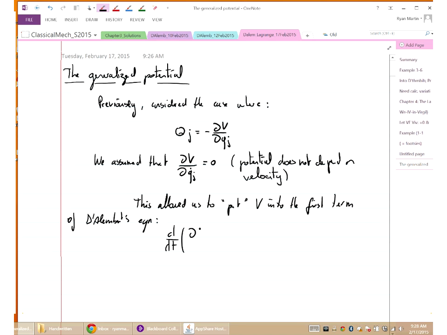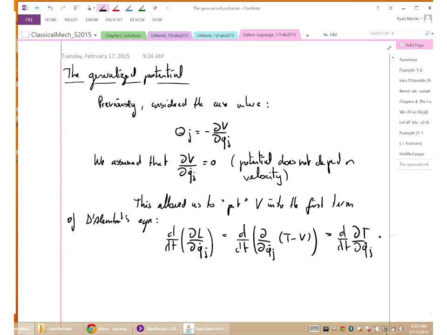So basically it allows us to say that d/dt of ∂L/∂Qj dot, which was d/dt of ∂/∂Qj dot of T minus V, equals d/dt of ∂T/∂Qj dot. Right.